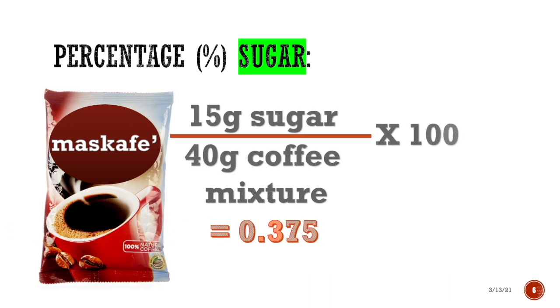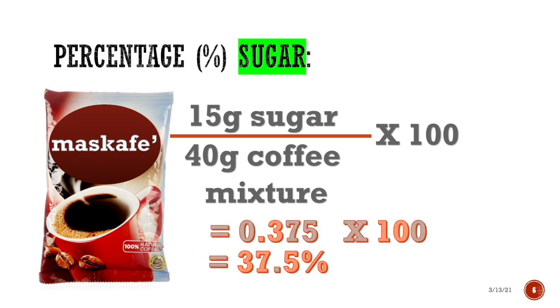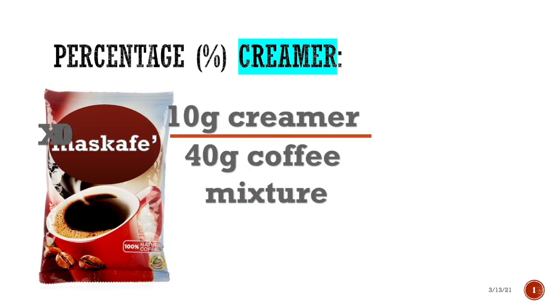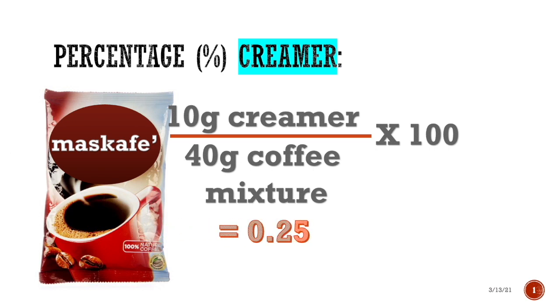Multiply this by 100 equals 37.5%. And lastly, for creamer, 10 grams of creamer divided by 40 grams of coffee mixture equals 0.25, times 100 equals 25%.